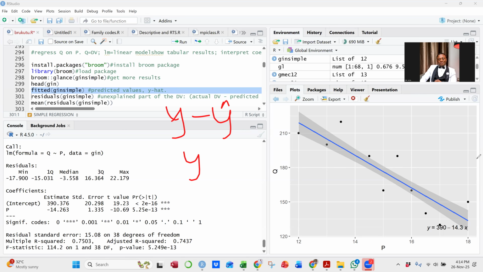This Y cap is actually the beta naught cap plus the beta 1 cap with the X, the independent factor. So the Y cap is a predicted value. But the actual value is the one you took from Excel and then took to the software. That's the actual value.